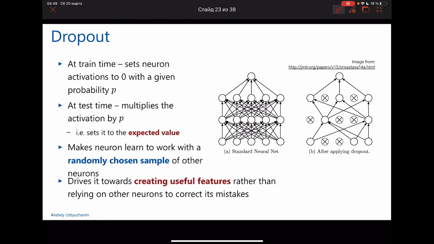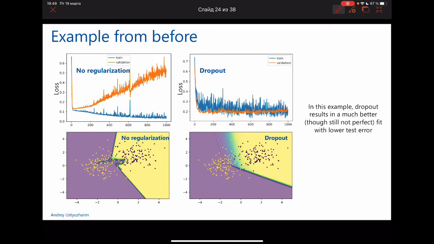The second effect is that dropout drives towards creating useful features rather than relying on other neurons to correct it. Here are examples that use a dropout procedure as a regularization technique.